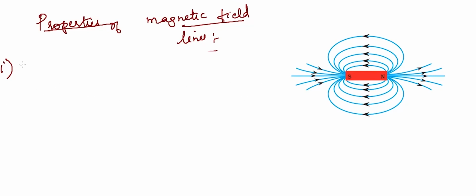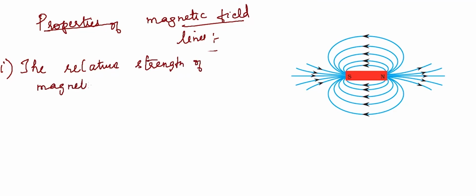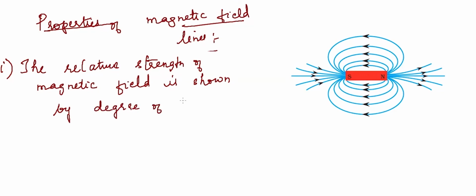The relative strength of magnetic field is shown by the degree of closeness of magnetic field lines.